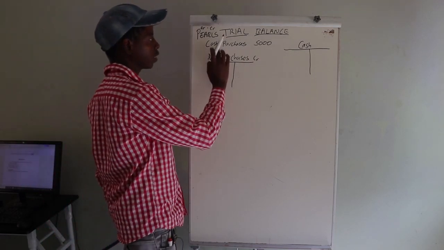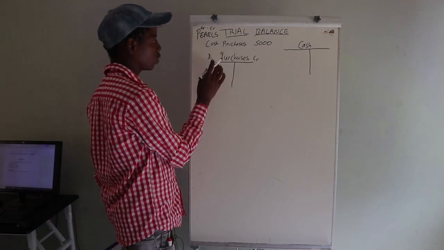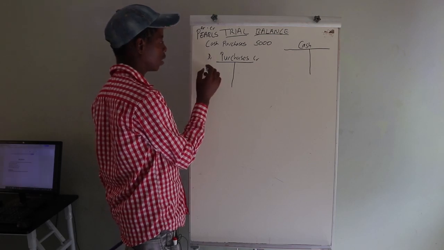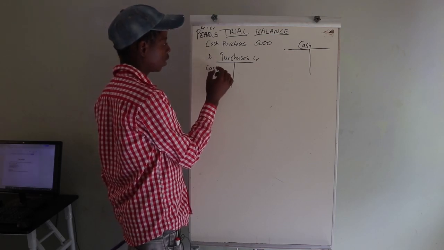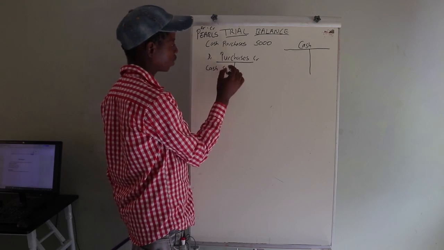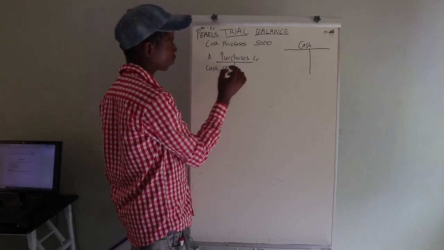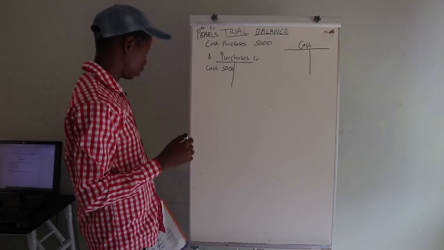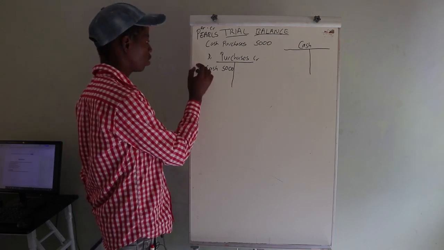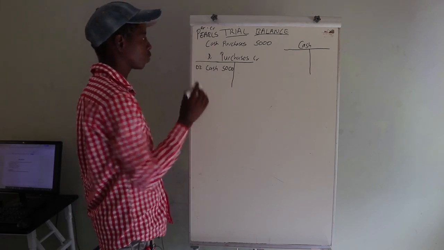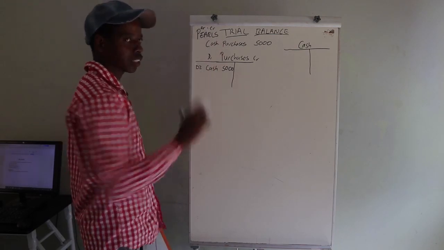Since we have the cash and purchases, on the debit of purchases we are going to write cash and the amount 5,000. We recorded this transaction.